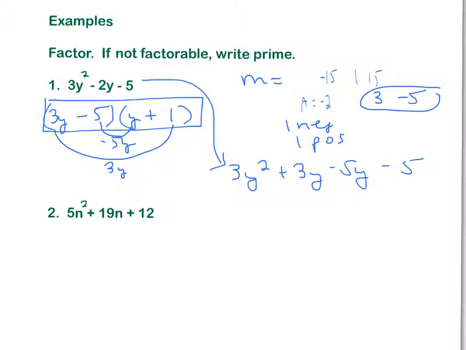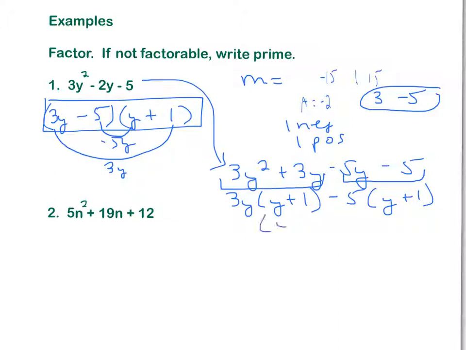I just wrote it as 2 terms so that I now have 4 terms, and with 4 terms I can factor by grouping, and that's going to give me a 3y times y plus 1, and I can factor out a -5, and I get y plus 1, and so I have the y plus 1 in common, so I'm going to be able to factor this as y plus 1 times 3y minus 5.